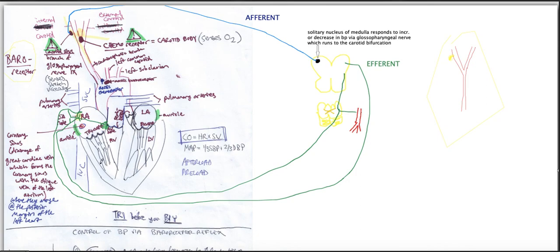So that's pretty much it with how your body deals with low blood pressure. Remember that there's a carotid sinus that senses stretch peripherally, and there is another aortic baroreceptor here, which also senses stretch.